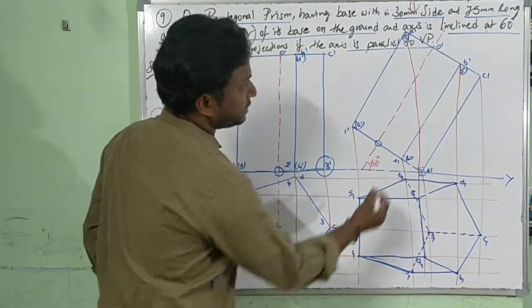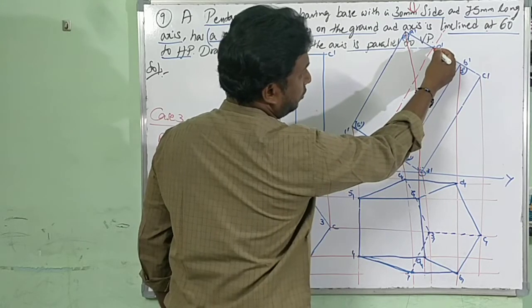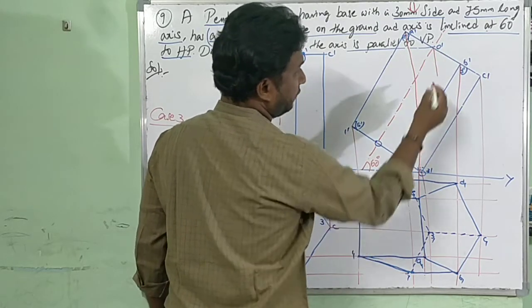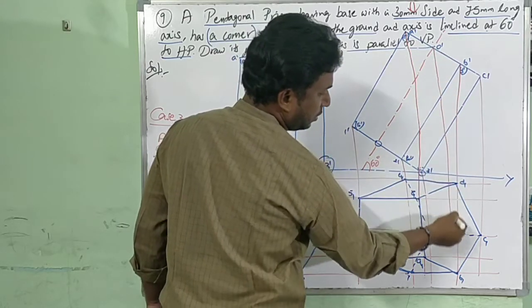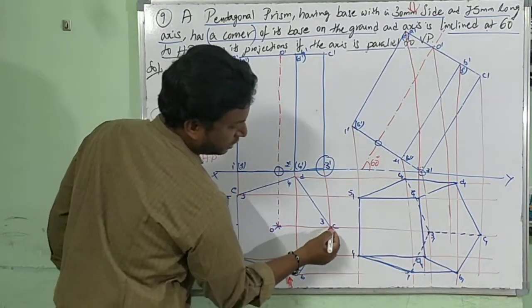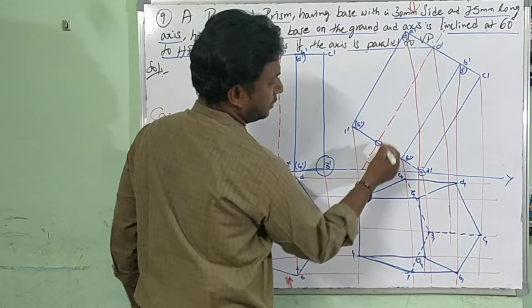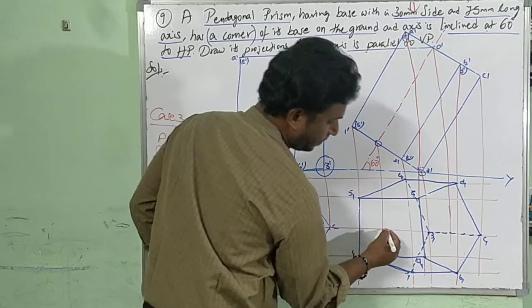How I have to show it: from O dash, try to draw the projector. This is the last, don't get confused. When I try to draw the projector, here the center line actually coincides. Now this is the place.